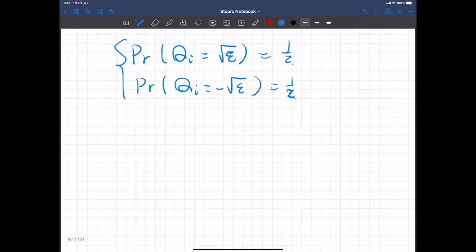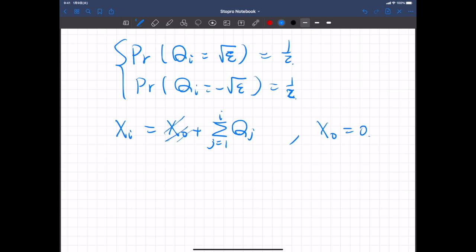Then the random walk itself can be expressed as xi equals x0 plus the sum of qj, j up to i. It's not i's, let's call it j. And for simplicity, we set x0 equal to 0, so this will be ignored.